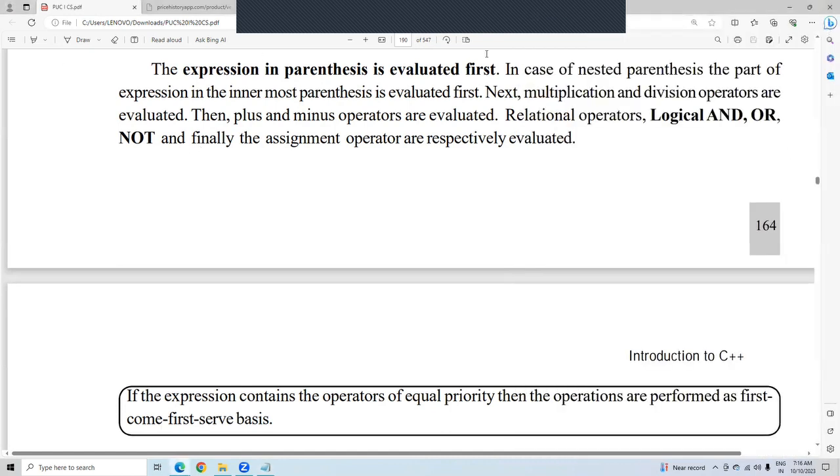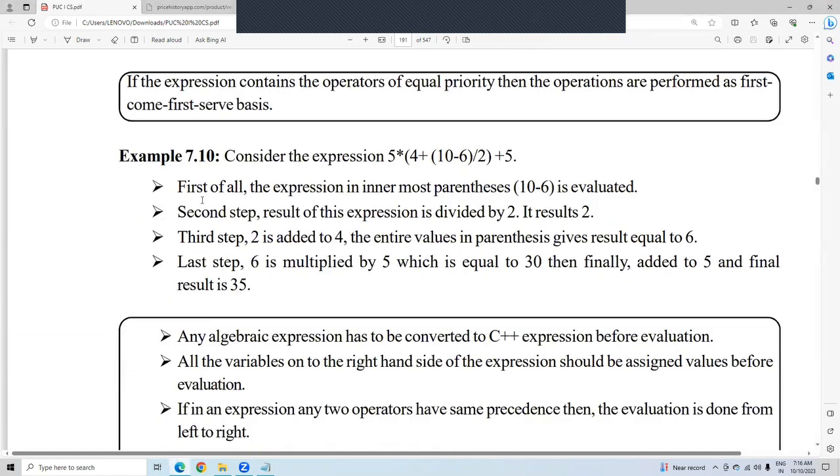Next, multiplication, division operators are evaluated. Then plus minus operators are evaluated. Relational operators and finally assignment operators are respectively evaluated. If the expression contains operators of equal priority, then the operations are performed on a first come first serve basis. Right.